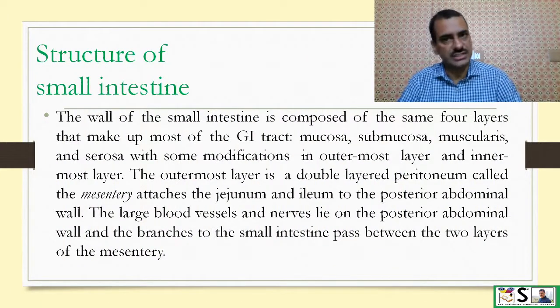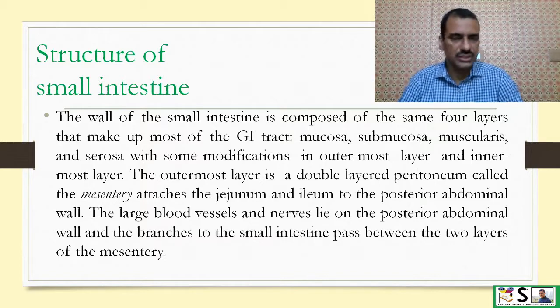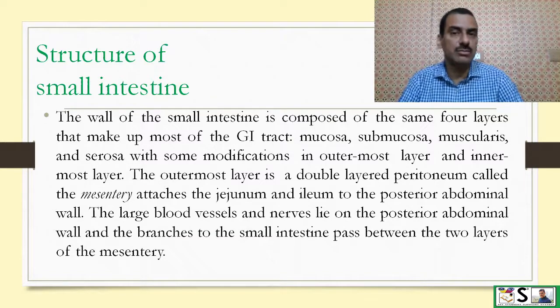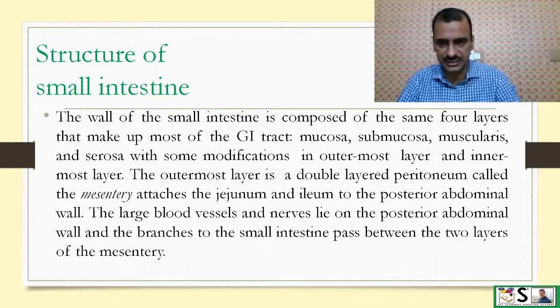Structure of small intestine. The wall of small intestine is composed of the same four layers that make up most of GI tract: the mucosa, submucosa, muscularis, and serosa, with some modifications in outermost layer and the innermost layer.